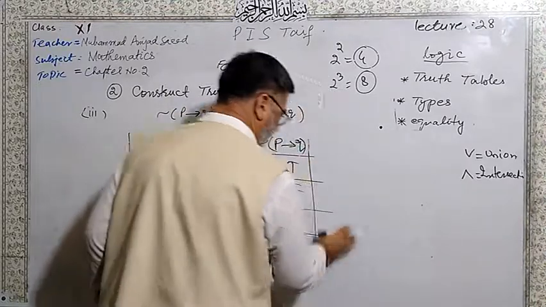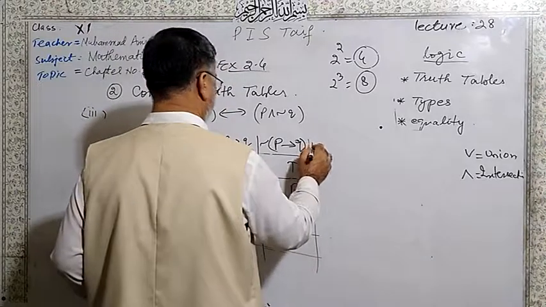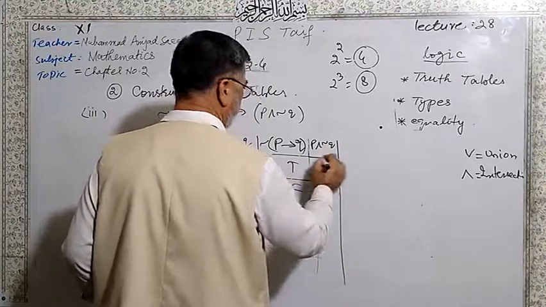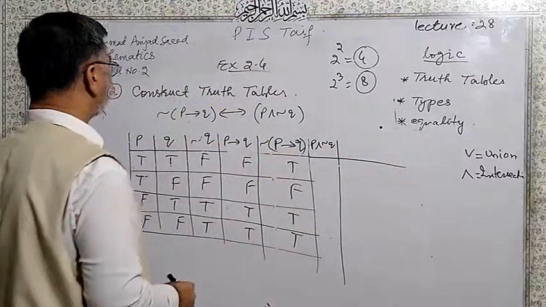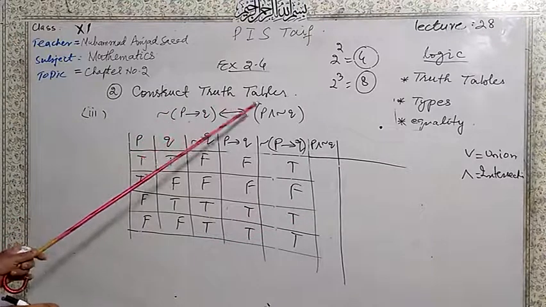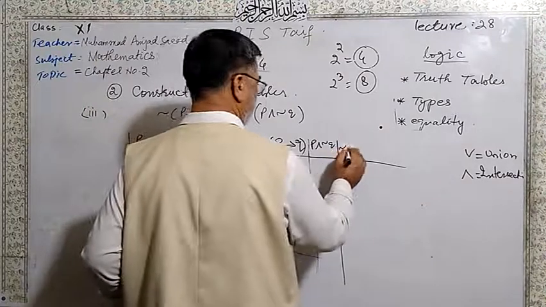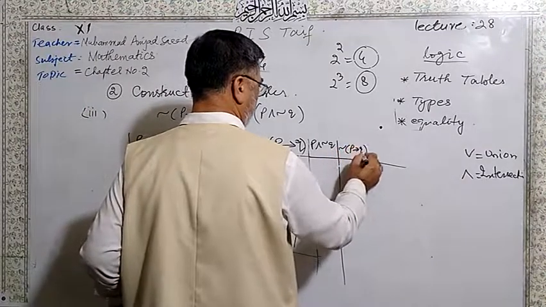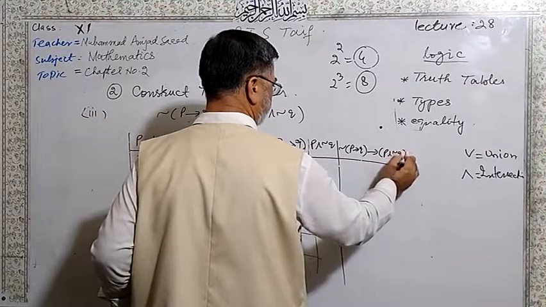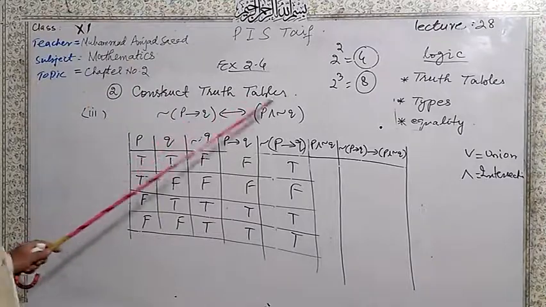According to the information, this is P and not Q. And after that, not P to Q implies this one. Not P to Q implies P and not Q. Then this was from left to right.